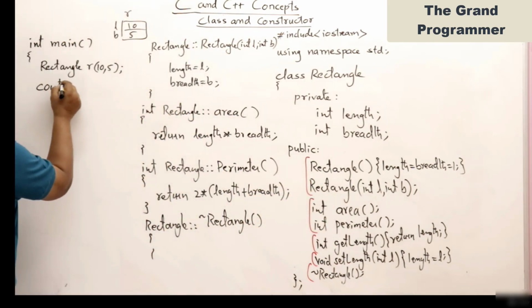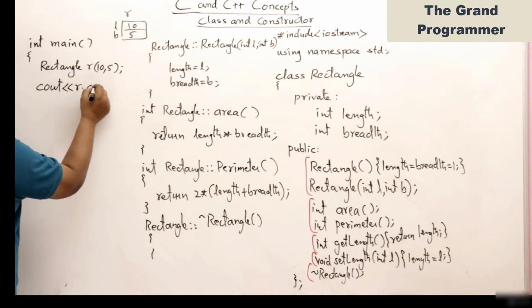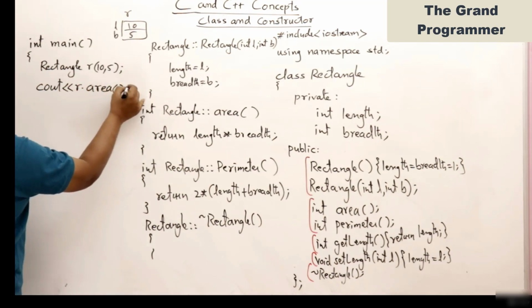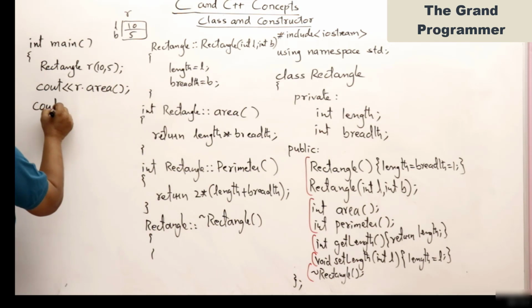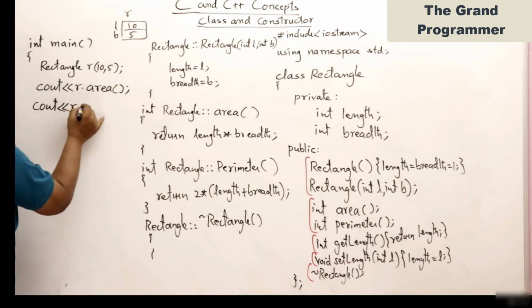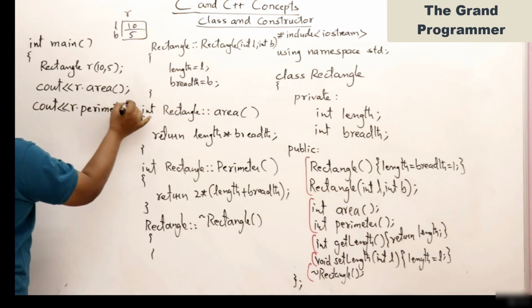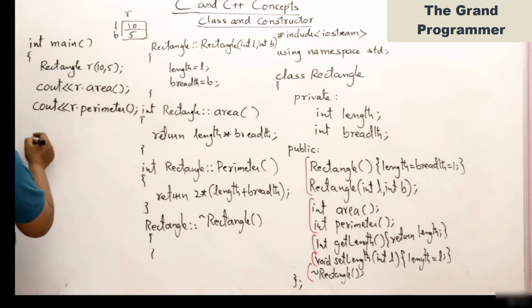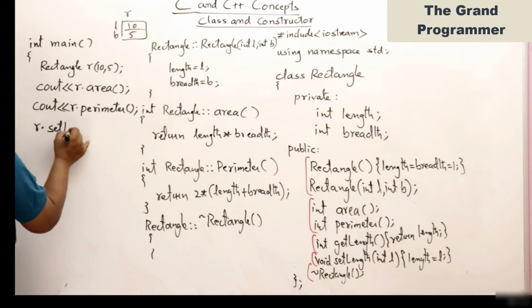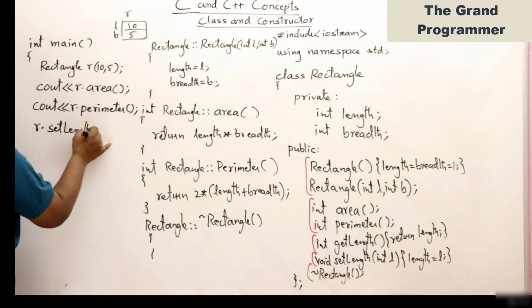So cout r dot area, this will display the area. Cout r dot perimeter, this will display the perimeter. If I want to change the length, I can call the setLength function, and I will change the length to 20.